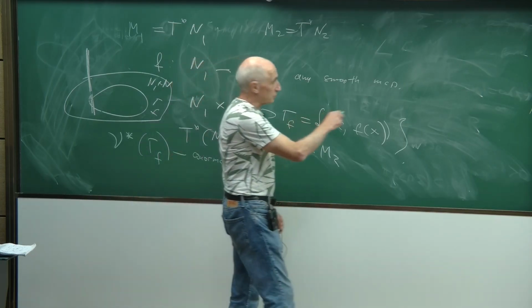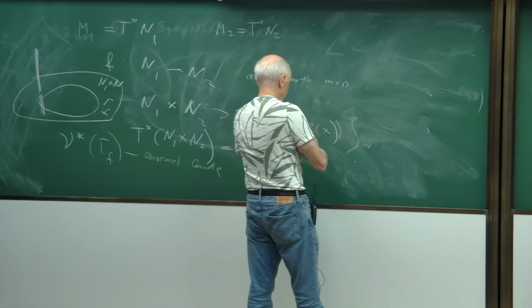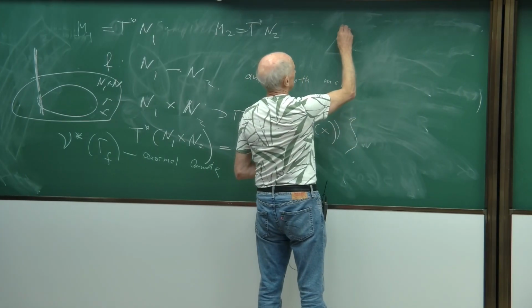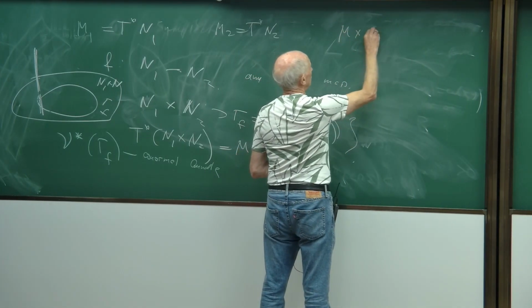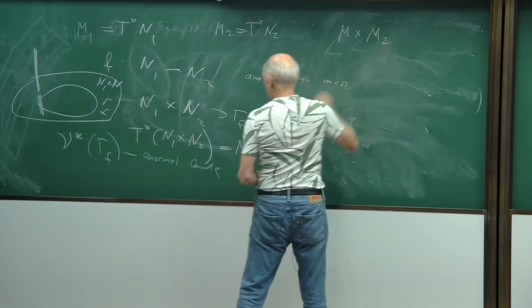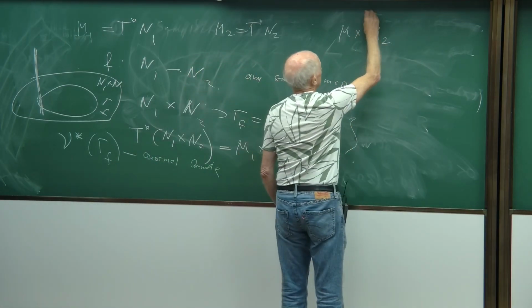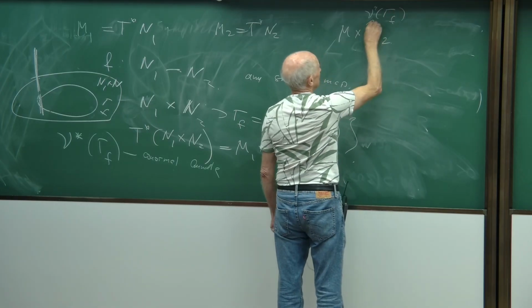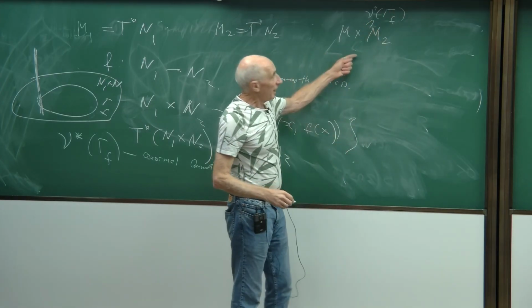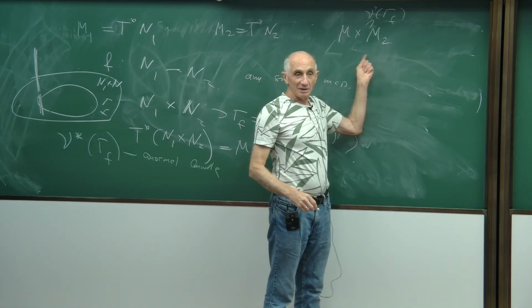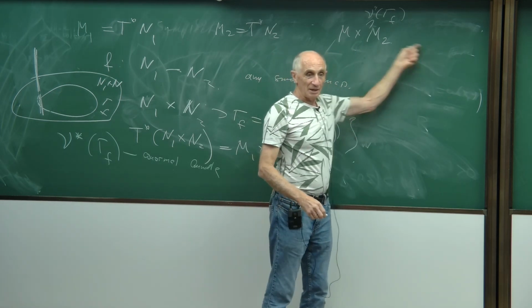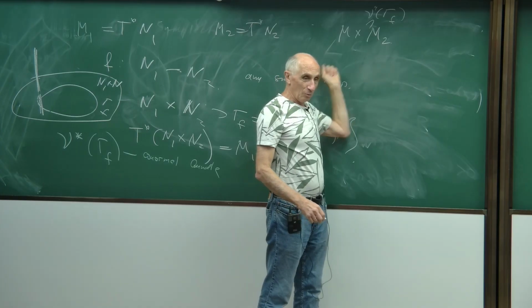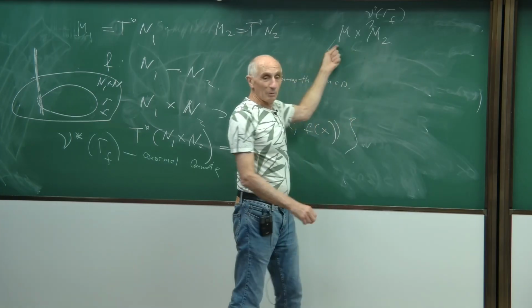Now I apply my construction to this. I have this M1 cross M2, then you have this N star of gamma F sitting there, and this is the Lagrangian correspondence, and hence it allows us to move Lagrangians from M1 to M2.